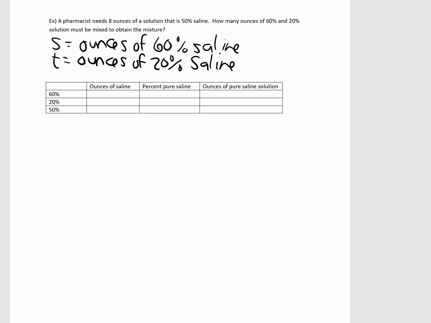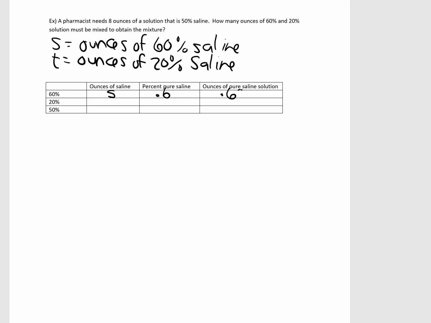All right, so I've already started the table for us. Notice 60%, 20%. The mixture I will always put on the bottom in our columns. Ounces of saline, percent pure saline, and ounces of pure saline solution. Ounces of 60% was represented by S. Percent, I changed that to a decimal, 6/10.